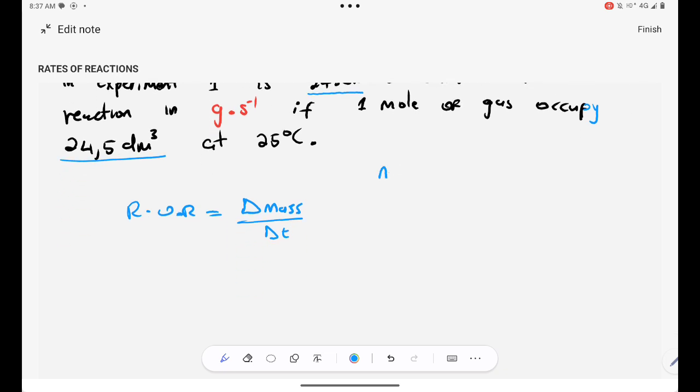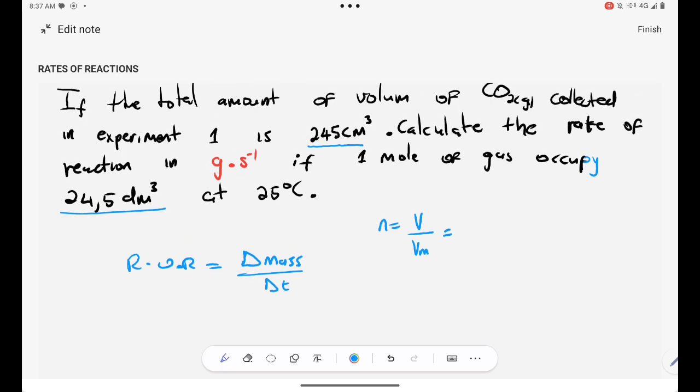I know that the number of moles is equal to the actual volume of a gas divided by the molar volume, right? Please make sure that whenever you use this formula, both your volumes are in cubic decimeters. So I just need to change the collected volume to cubic decimeters. I'll simply divide by 1,000. I'll end up having 0.245 cubic decimeters divided by 24.5 cubic decimeters.